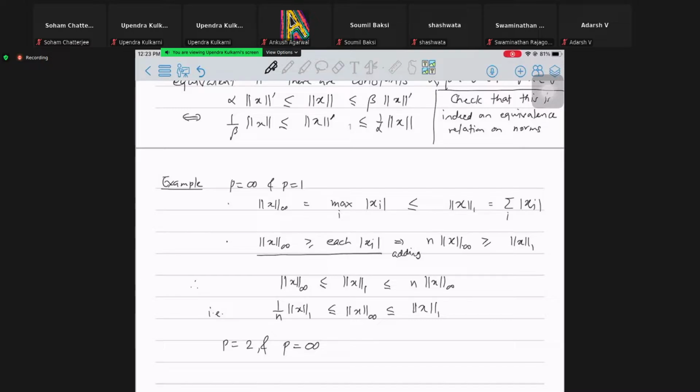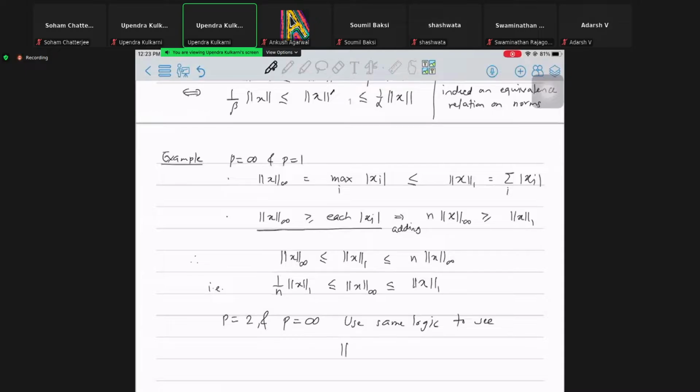Is it root n instead of n? Exactly. So just check that. Use the same logic to see that it's still going to be this. Of course, if root n works, n will also work.